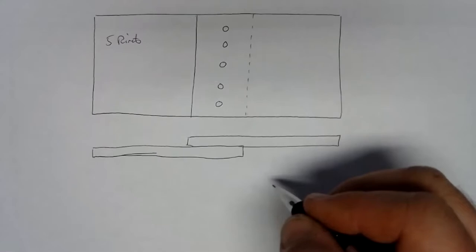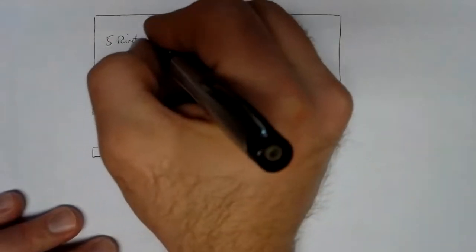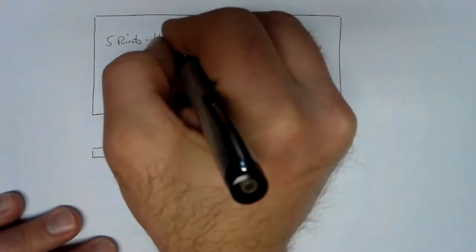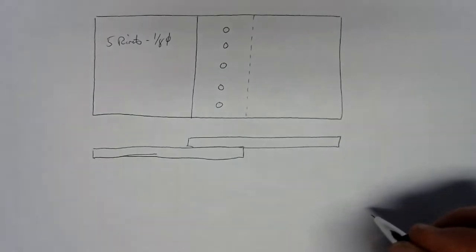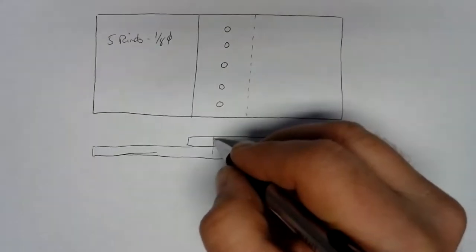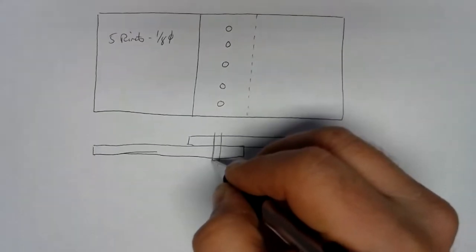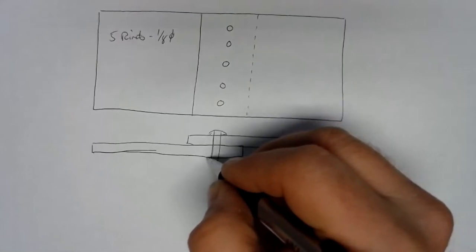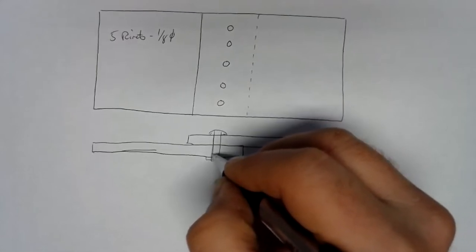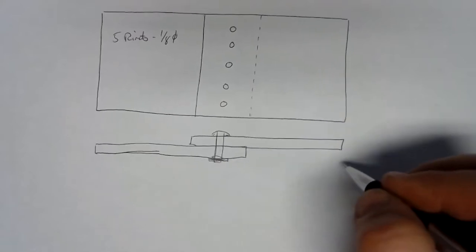Most of the AD rivets we use are 1/8 inch diameter rivets, 84s, so 4/32 or 1/8 inch. So we'll do 5, excuse me, 1/8 inch diameter rivets to hold this lap joint together. So those look kind of like those pins that I drew earlier, except they're going to have rivet heads on them. And we're going to form a shop head down here. So we're going to have 5 of those holding this structure together.